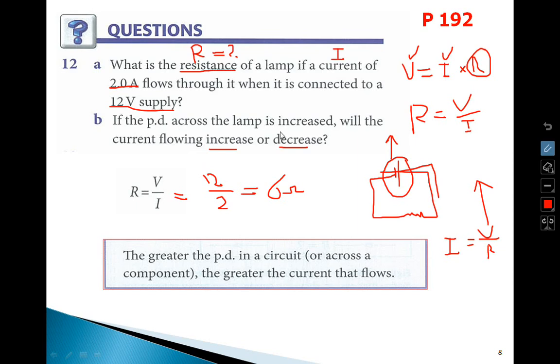So if the PD across the lamp is increased, then I at the same time will be increased. As we mentioned before, the greater the PD in the circuit, the greater the current that flows. So keep this in mind. Also, I will be increasing.